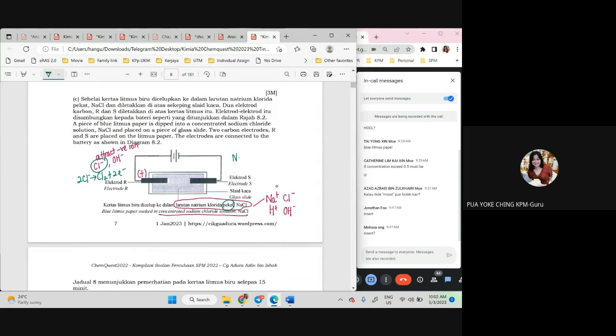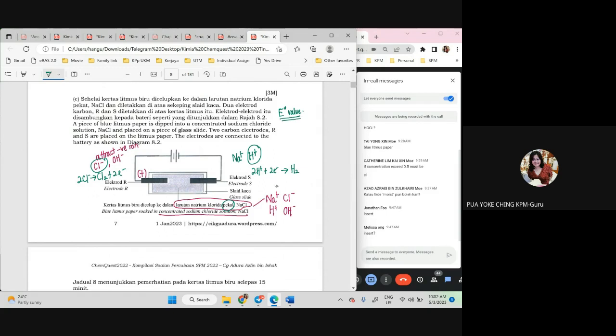S, Na plus dengan H plus. This one you must choose H plus. So 2H plus plus 2e minus produce H2. Okay, sepatutnya all this question, they will give you E naught value. It will be given E naught value.